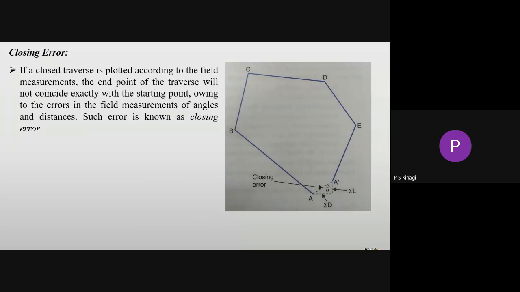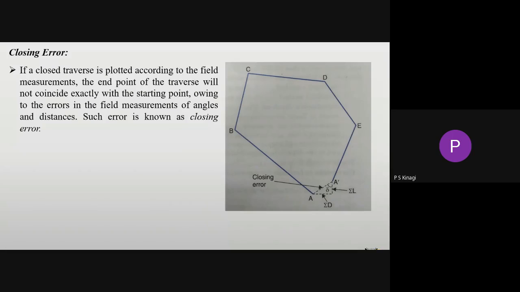Here, I am drawing one vertical line from the point A dash and one more horizontal line. I am considering these to be the summation of the latitude values and the summation of the departure values.